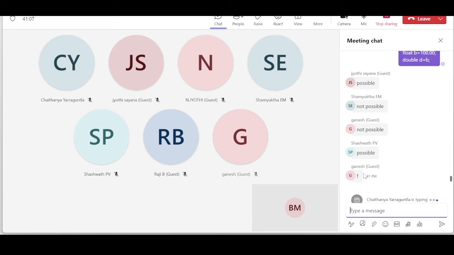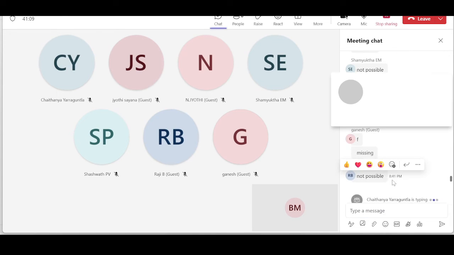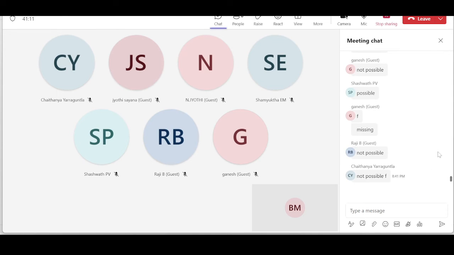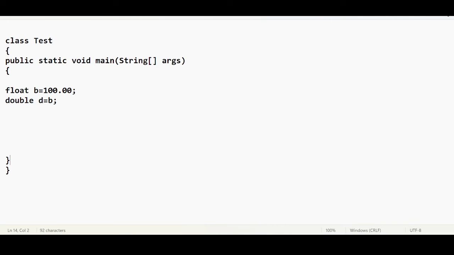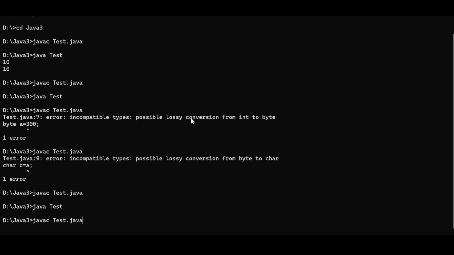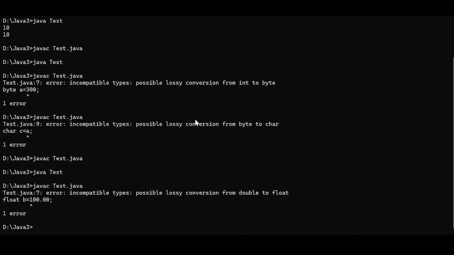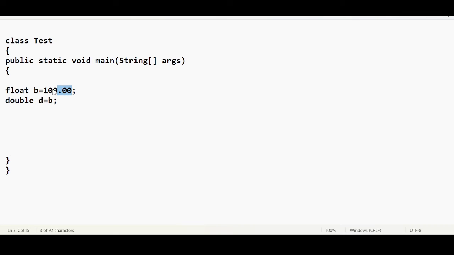Yeah, Ganesh, you are good. Yes. F is missing. Correct. Because if I do the compilation, we get incompatible types, because when a value is getting assigned to the float data type, we have to ensure that the value is suffixed with F. This has nothing to do with the promotion.